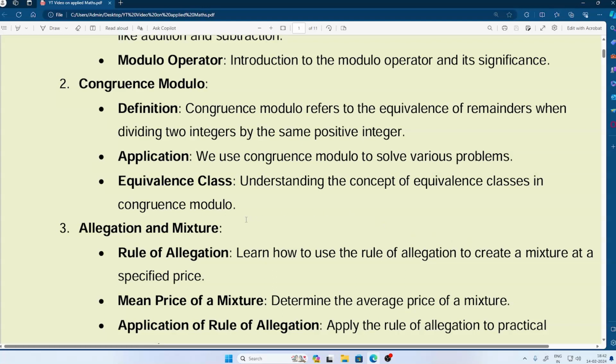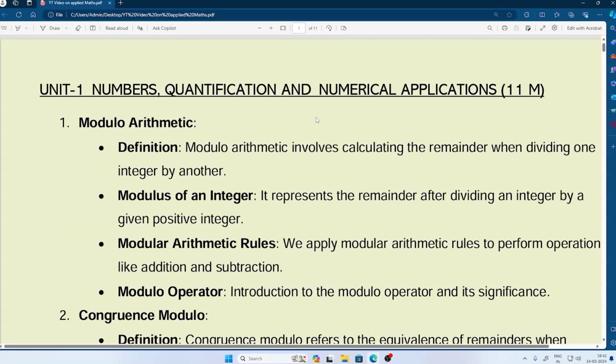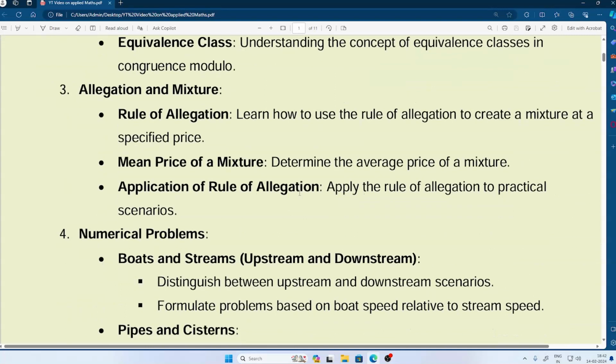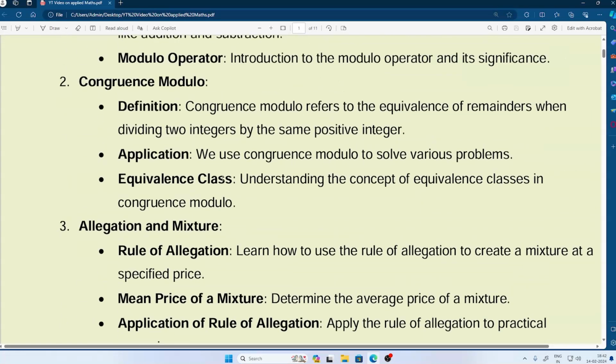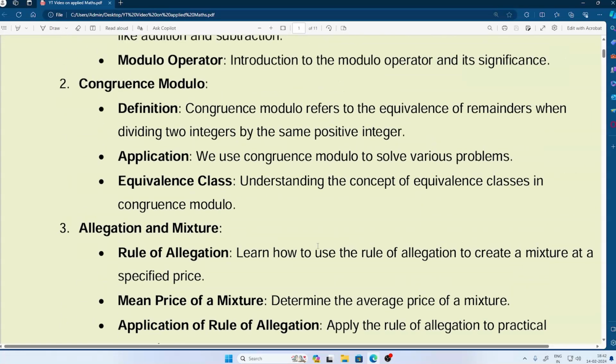Then comes numerical applications, there is allegation and mixture. Allegation and mixture is a formula-based topic, but I'll tell you, don't use the formula always when a concept is required. Okay, rule of allegation, all of you know, if you get a direct sum, you apply it.